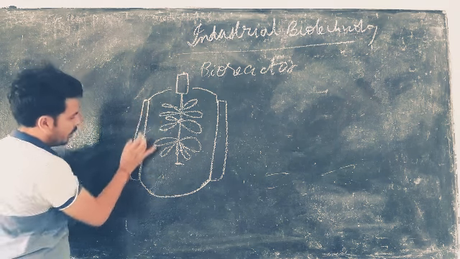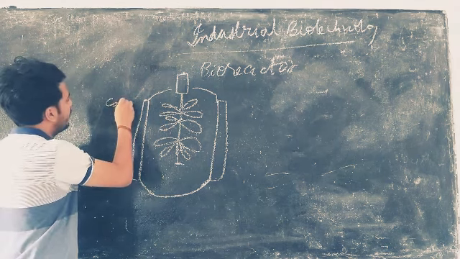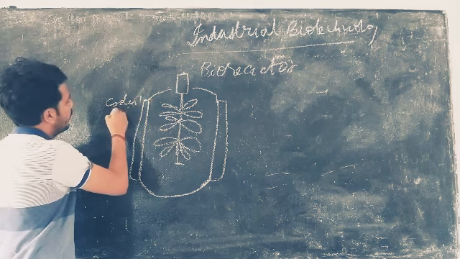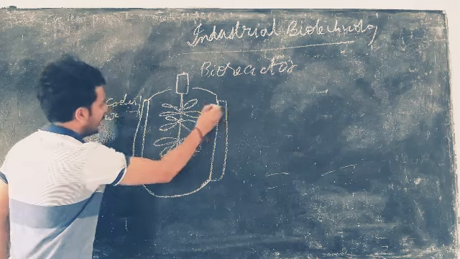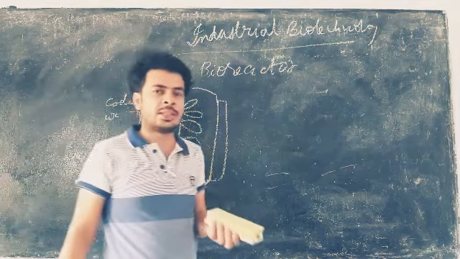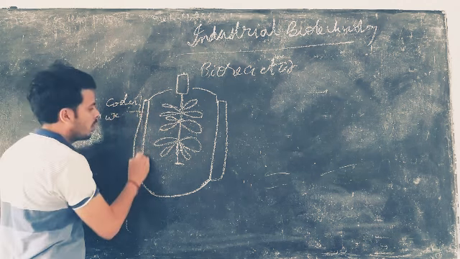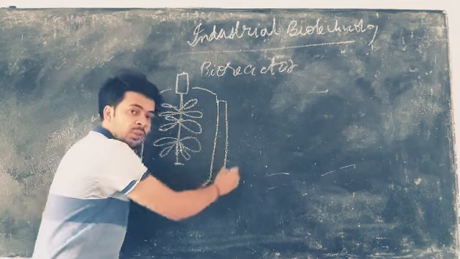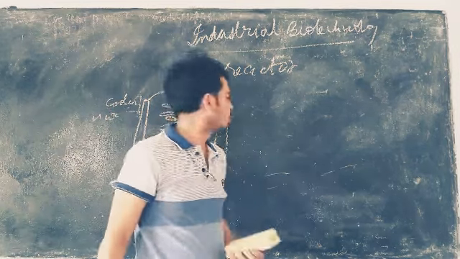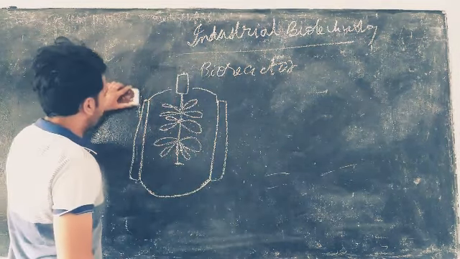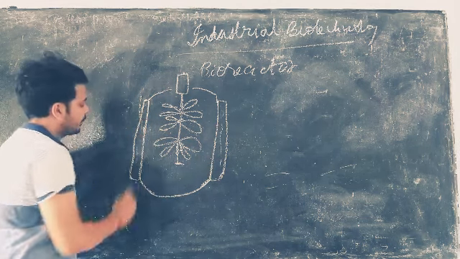The sheet has a space between, and we can supply a coolant or water which is circulated throughout it. If we want to increase the temperature, we can pass hot water throughout the outer surface of the vessel, and if we want to reduce the temperature, a coolant or cold water is passed through these sheets.